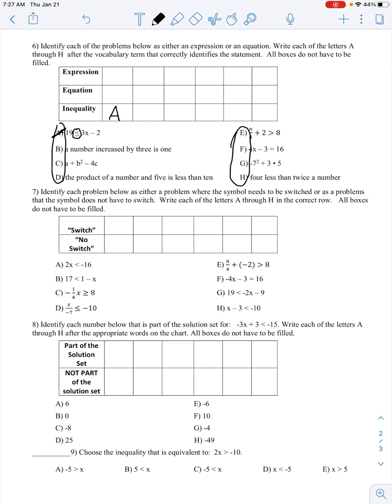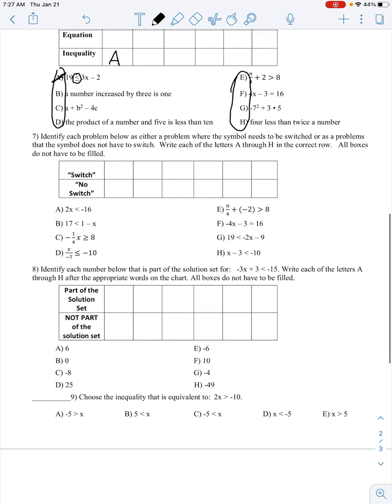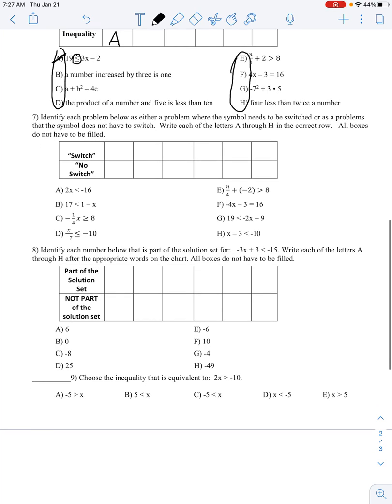Alright, and then for number 7 here, kind of the same thing as number 6, but a little bit different, because this is asking us if we're going to switch or not switch our inequality sign. So once again, I'll walk us through A here. So remember, the key to seeing if we're going to switch our sign is if we divide or multiply by a negative to solve our inequality here.